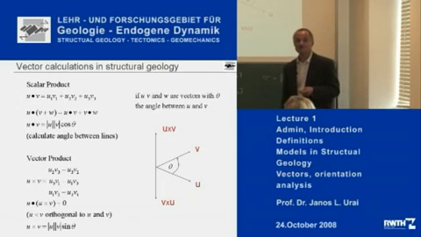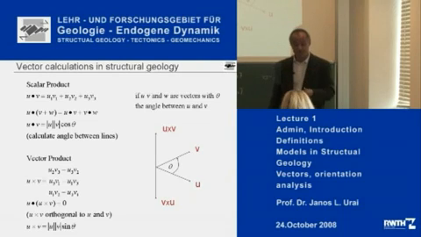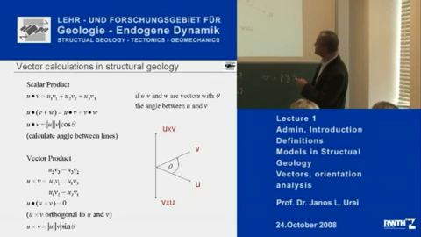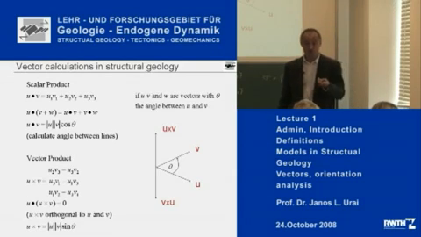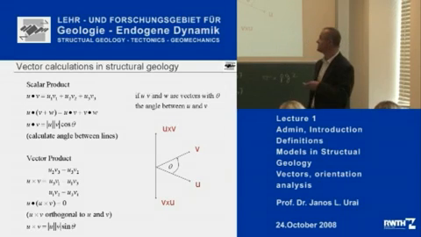Once we have put our planes and our lineations into a Cartesian coordinate system, then we can start doing all kinds of magic. The two important formulas here are the scalar product and the vector product. Of course, you have all learned a little linear algebra, so this must be quite familiar. The scalar product you can use to calculate the angle between lines.